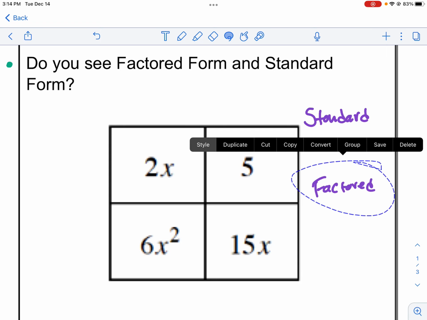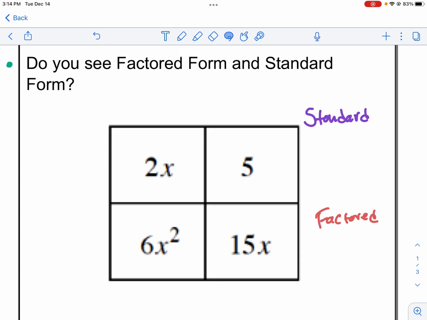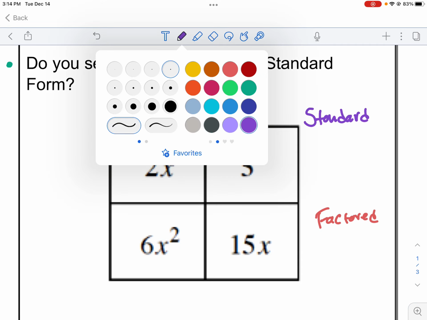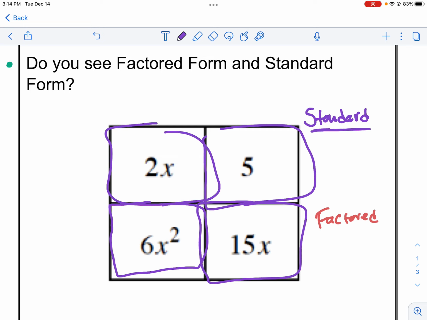I'll do factored in a different color. Let's do that like pinkish color. I like that one. Okay, so hopefully you've paused and given it some thought. If not, that's okay. We'll talk about it. Standard form would be adding up the individual boxes as one equation.